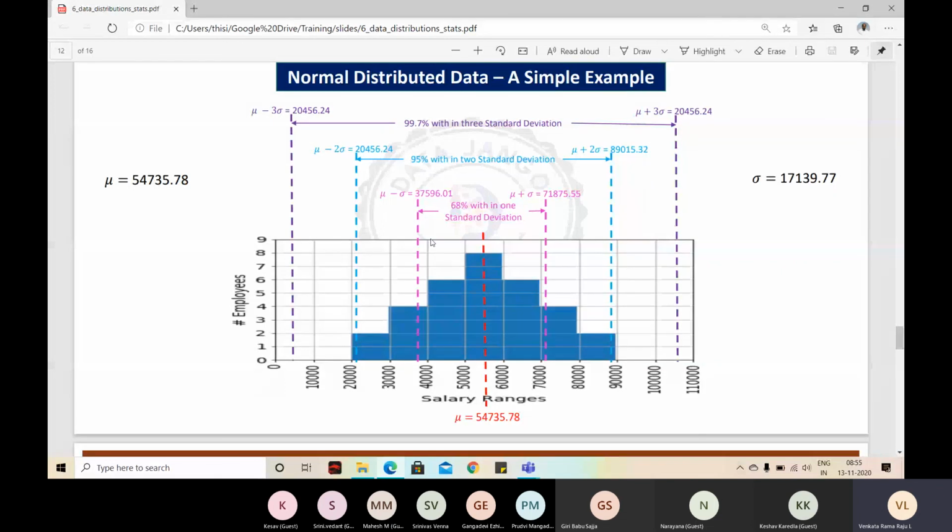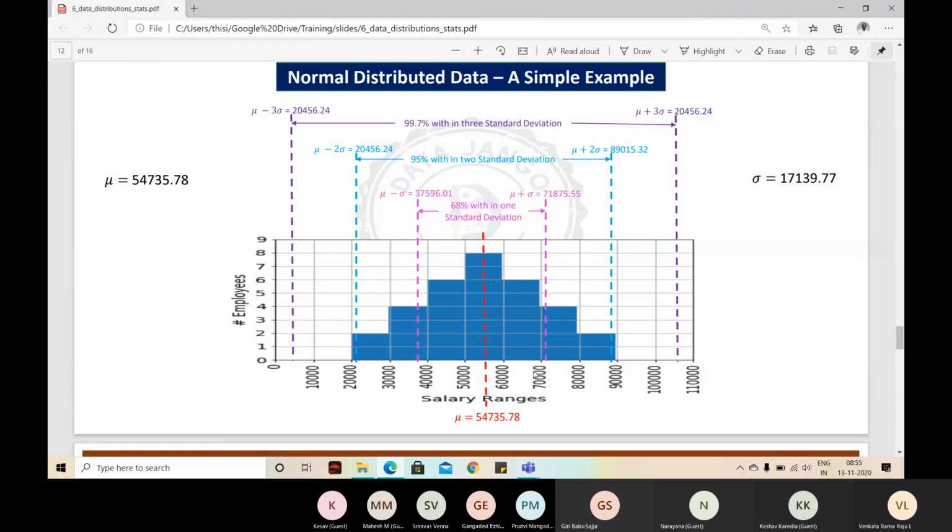If your employee salaries are forming a normal distribution, the management will know, if I give this range of people, 37,000 to 71,000, a 5% hike, how much impact there is going to be on the budget. There will be a low-salaried budget bucket. If I give a high-salary bucket more hike, it may not affect the budget because I know how many people fall there. 68%, 19 people, fall in between.